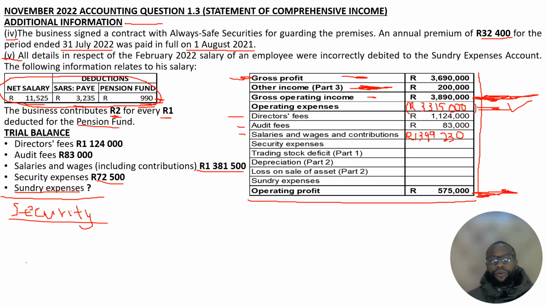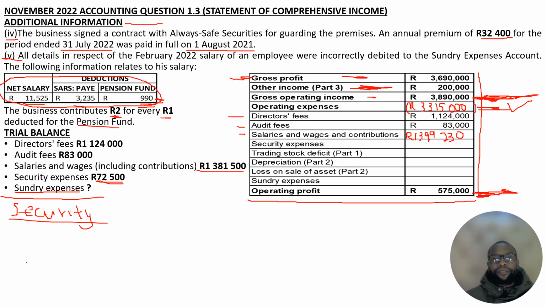So now this 72,000 also includes the amount from March 2022 up to July 2022, which is out of our accounting period.